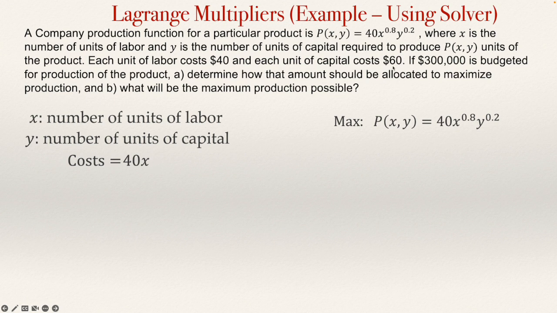The capital costs $60 per unit, and we are using y units of capital, so it will be 60 times y. So this 40x plus 60y needs to be equal to $300,000. This is our constraint. So we can say that this is a maximization problem subject to 40x plus 60y equal to $300,000.